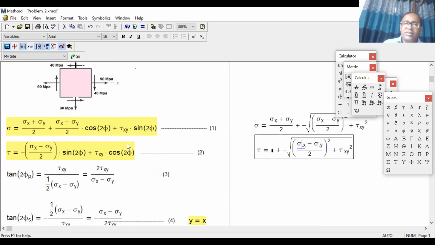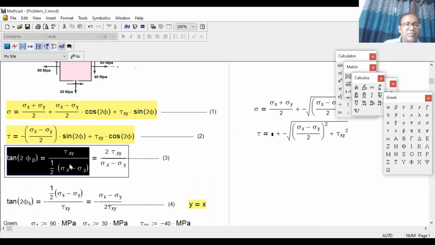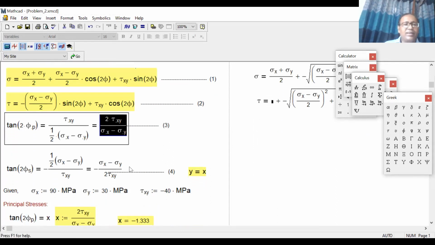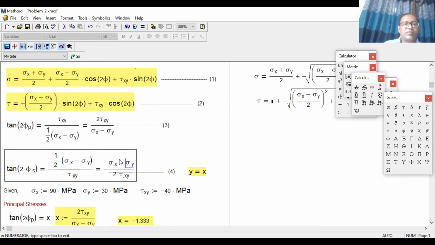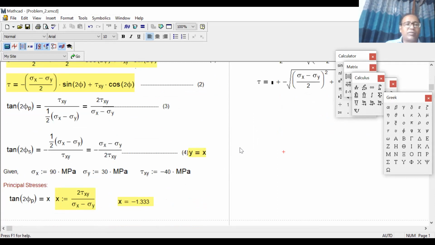So I mention it again, it's better to start with the mother equation. What is our principal plane formula? This is our principal plane formula. What is our shear stress angle formula? This one. I just put it to make sure that you understand it. Now, what values are given over here?